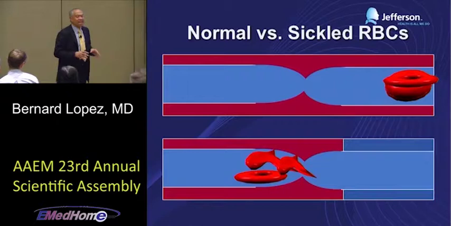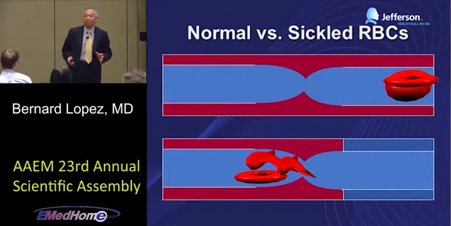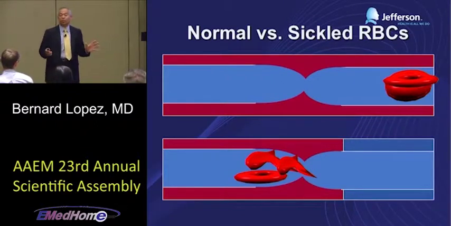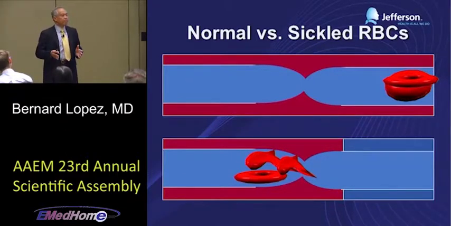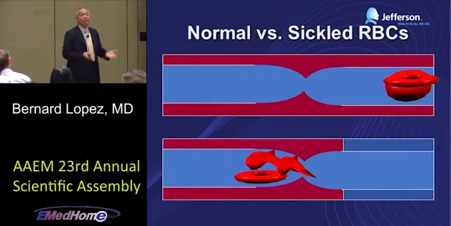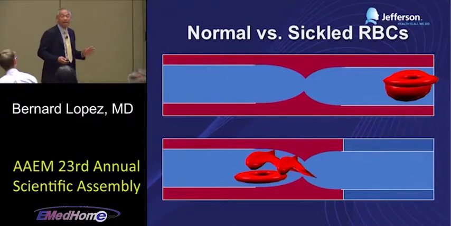They aggregate. They adhere. They essentially cause tissue ischemia. And over the course of a patient's lifetime, that ischemia causes tissue damage. It's a unique disease: low level ischemia interspersed with sometimes many episodes of acute ischemia, and that's what we see.